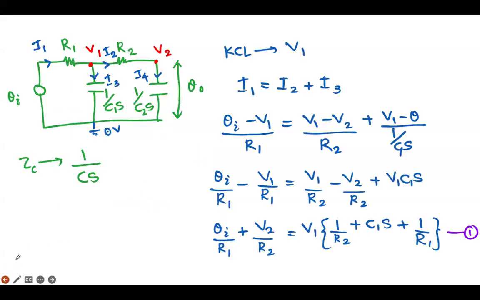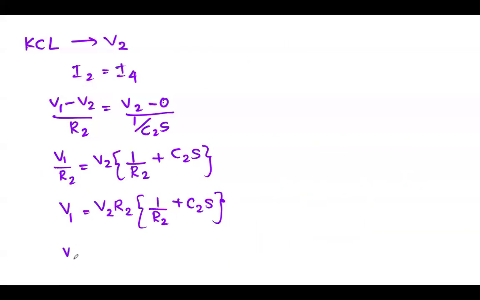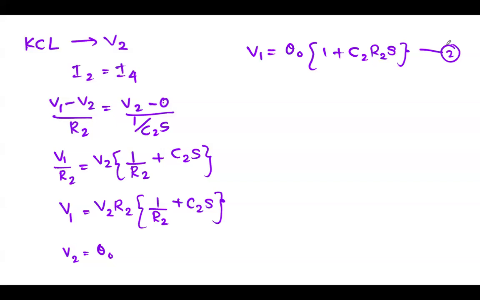And the voltage at that point is equal to theta naught. That is our output. V2 is equal to theta naught. Then we can write this equation again. V1 is equal to theta naught times 1 plus C2 R2 s. This is the second equation.